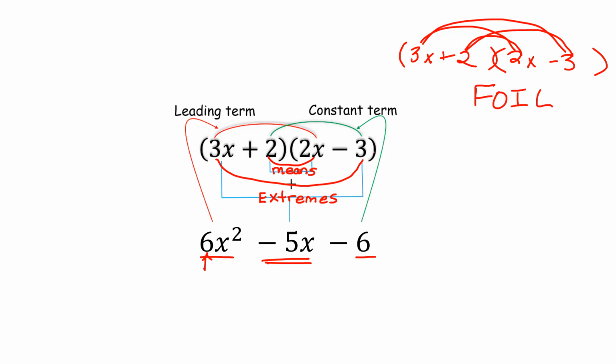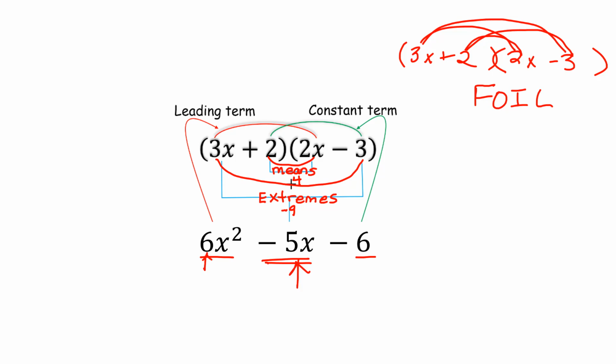Well, the 9x is negative because you're multiplying 3x times -3. So that product of the extremes is -9x. And the product of the means is 2 times 2x, which is 4x. So you've got 4x minus 9x, and that's where the -5x comes from. So if you can remember these relationships, you'll be able to factor because you'll know how to unfoil, which is what factoring is in this case. It is unfoiling the trinomial.